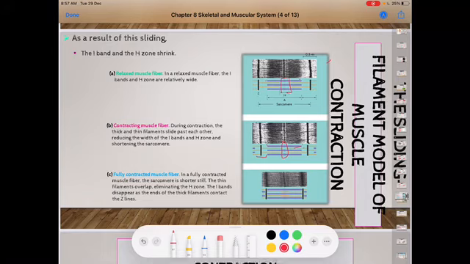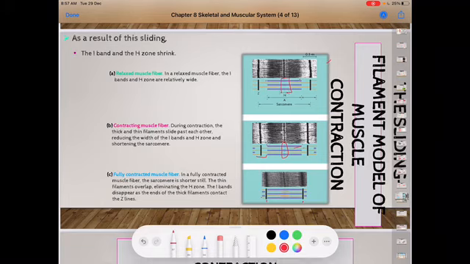And now we go into the fully contracted muscle fiber. Let's see what happened to the muscle. In a fully contracted muscle fiber, the sarcomere is shorter still. The sarcomere, Z line to Z line, becomes more shortened, the shortest among the three.